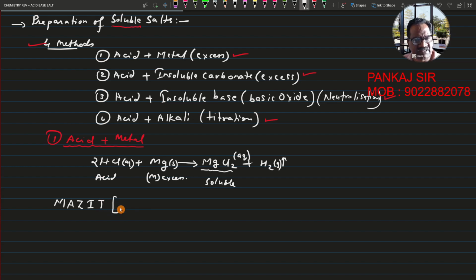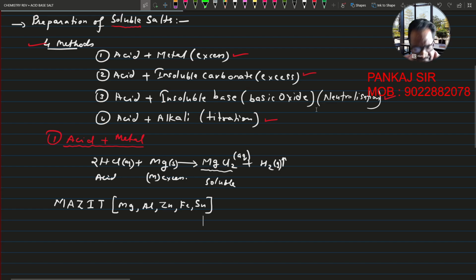Mazit is telling you all the metals that you can use for this particular purpose, that is preparing soluble salt. So M stands for magnesium, A stands for aluminium, Z stands for zinc, I stands for iron, and T stands for tin. So these are the metals which you can consider for this particular reaction. No other metal you can consider for this reaction.